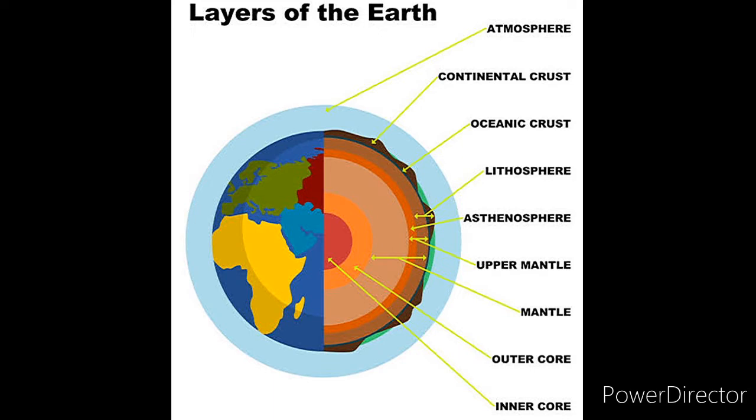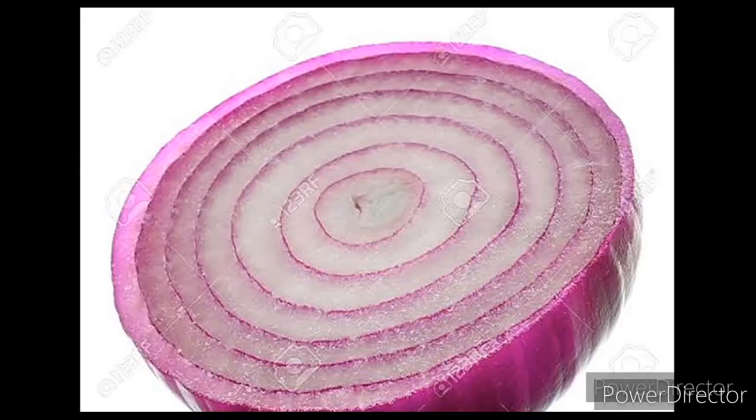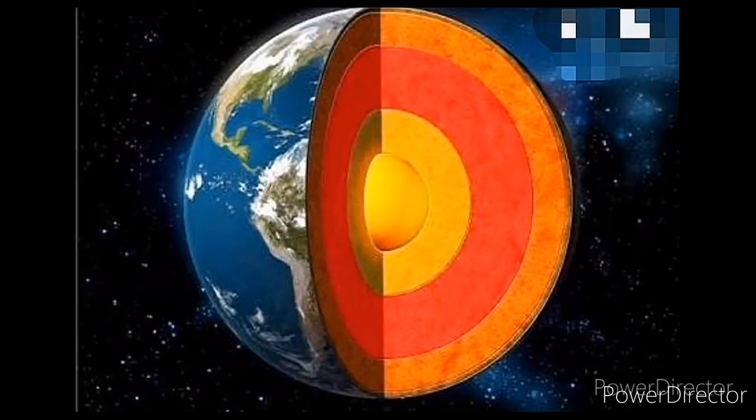In the previous class also, we tried to understand these layers through a comparative study. If you have ever peeled an onion, then you will see there are concentric rings. Similar to the structure of an onion, you have the interior structure of the earth.